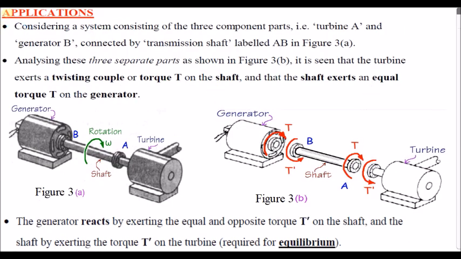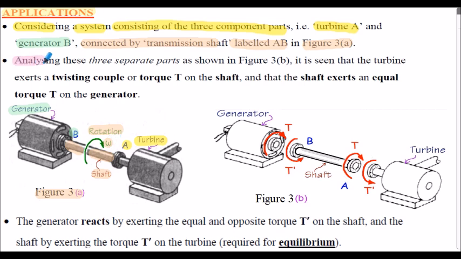So applications continued. Considering a system consisting of 3 component parts, that is turbine A, generator B, both connected by transmission shaft labelled AB in figure 3a here. So here's the turbine labelled A, the generator labelled B, and the turbine and the generator are connected by the transmission shaft running from A to B. Notice the rotation omega of the shaft.